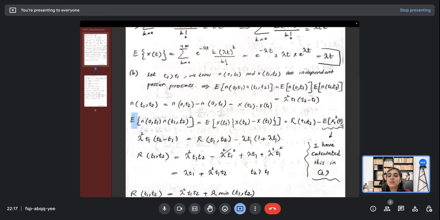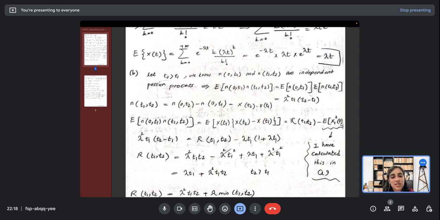So we can write E of N between the time of 0 and t1, and N between the time of t1 and t2, is equal to, as we have here, X(t1) times (X(t2) minus X(t1)). So by doing this multiplication, we have E[X(t1) X(t2)] minus E[X(t1)^2].